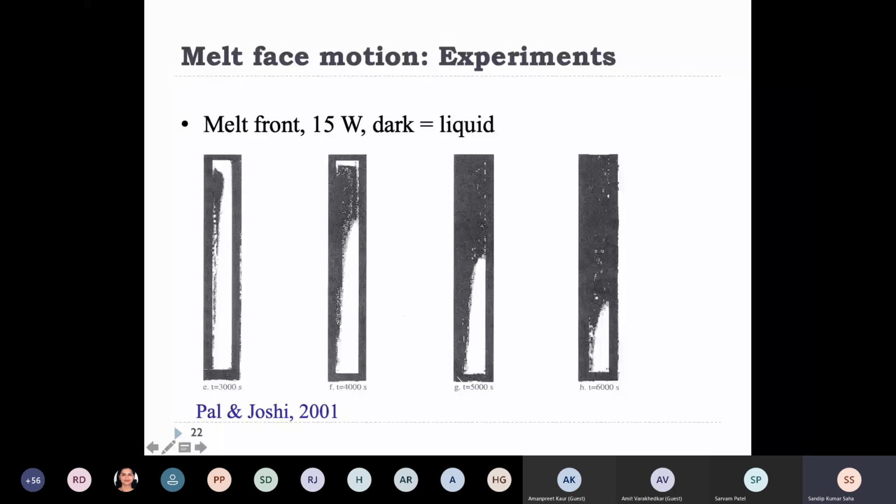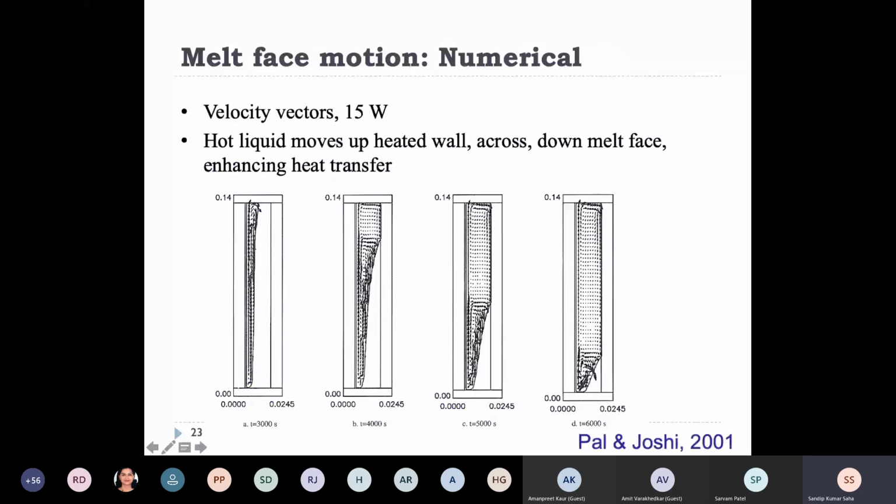This is the progress of the melt front, or progress of melting with time, which they validated through this numerical model. It shows fairly good validation. This was one of the first few papers, which came around 2001 or 2002, to validate this type of model.